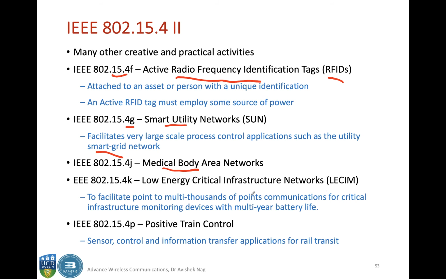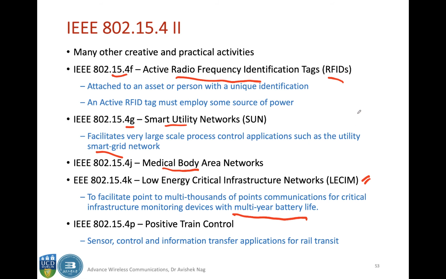For example, when you have some monitoring devices that need a very long battery life, such as sensor devices in mines or in remote forest areas, where it's difficult to replace those sensors, you have these types of low energy critical infrastructure networks.